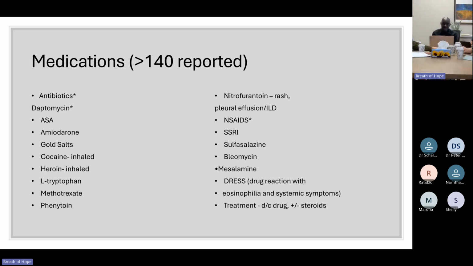Those will range from antibiotics such as daptomycin, ASA, of course, not forgetting amiodarone, which we use commonly in the ICU, cocaine inhalation, heroin inhalation, and also common drugs that are used in rheumatoid arthritis, such as methotrexate, phenytoin, of course, in epileptic patients, and of course, the most common is nitrofurantoin that tends to be used in elderly people with recurrent urinary tract infections, and not forgetting the NSAIDs and SSRIs, which are more commonly used in America because almost everybody's on that.